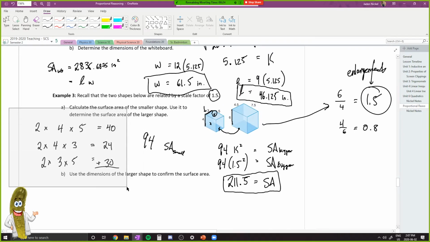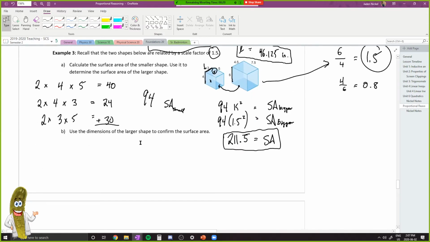It wants us to redo the 2 times 4 times 5, but now with the bigger shape. So we'll do 2 times this 6 by 4.5 side, 2 times 6 times 4.5. When you do, that should be 54. And then it wants us to do the 2 by 6 by 7.5 side. So that would be 6 by 7.5 would be this side here.